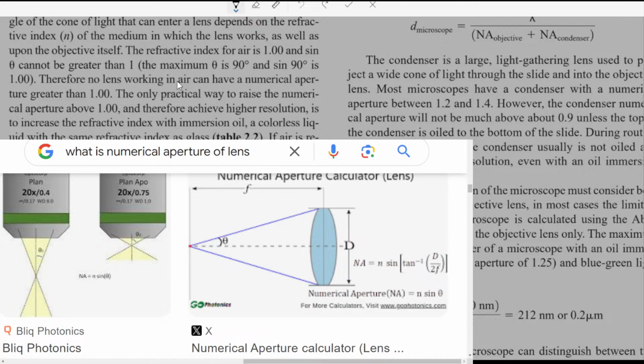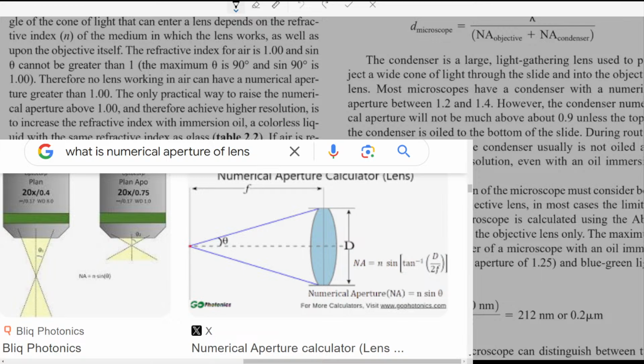So how do we increase that refractive index above 1? How do we do it? We immerse it in oil. They are saying the oil has the same refractive index as the glass, they mean the lens, and if we combine them, it will make the refractive index more.